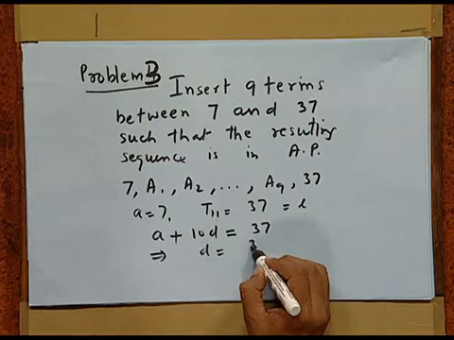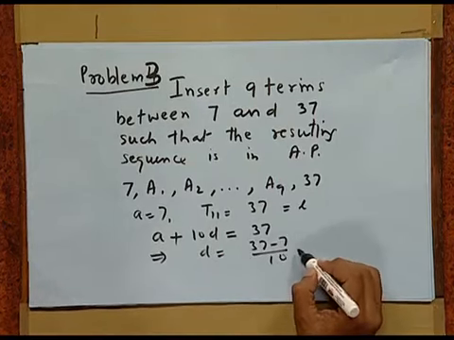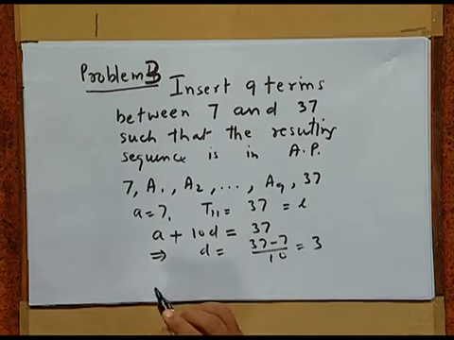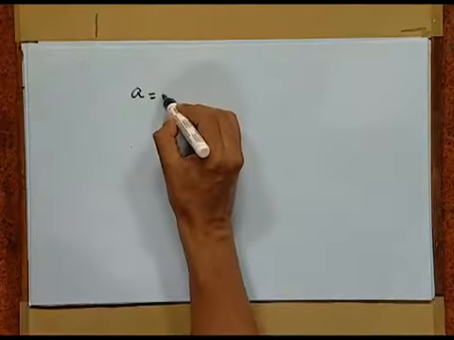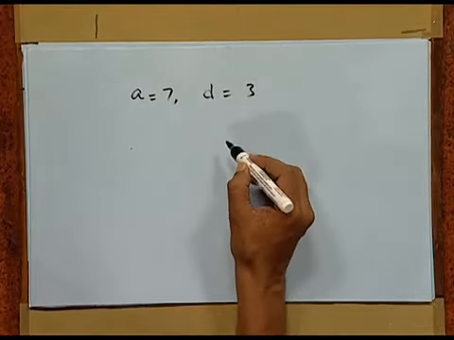This gives D is equal to 37 minus 7 upon 10, that is 3. Now we have value of A as 7, D as 3.